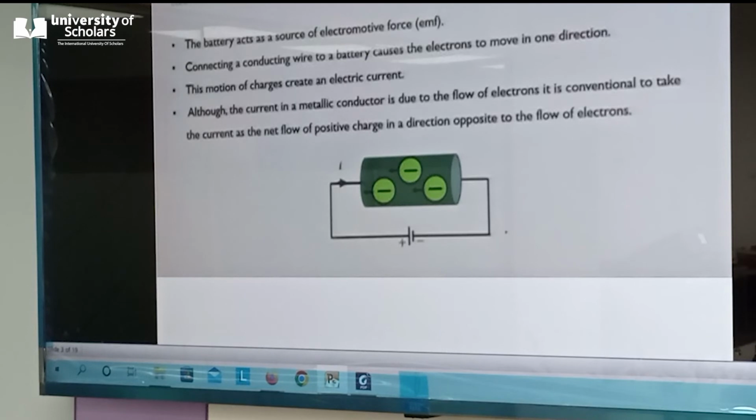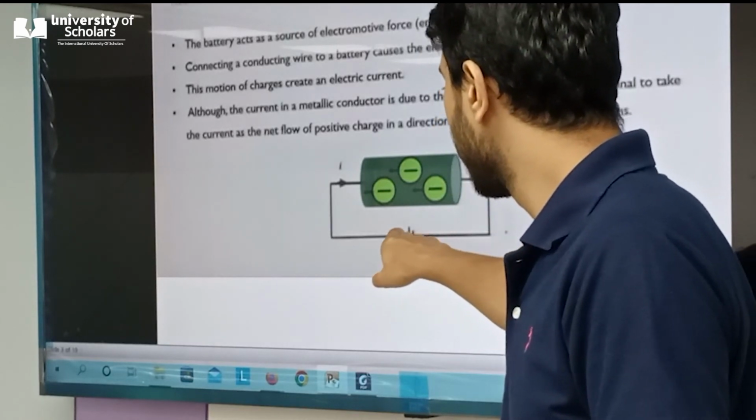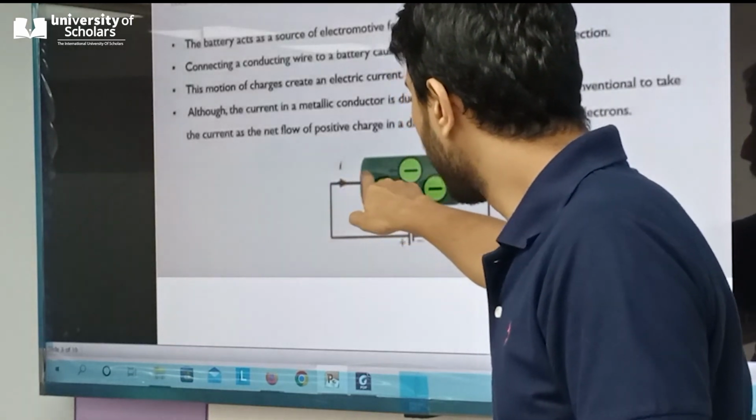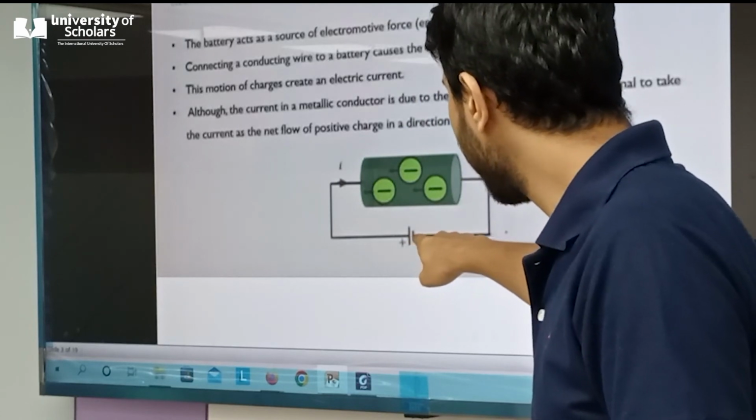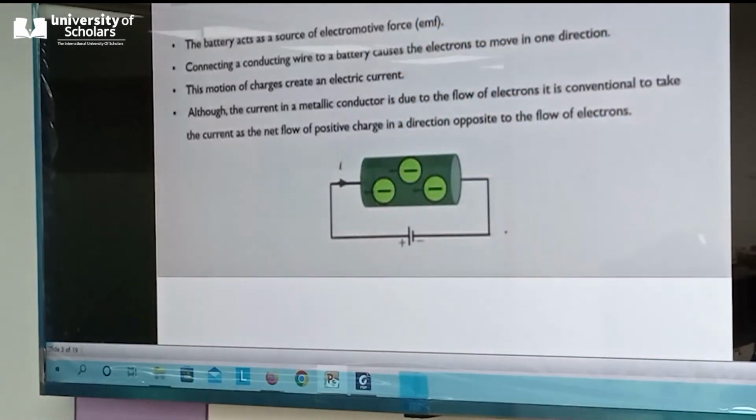This is the convention we follow when we define electric current. So there is a battery, and there is a polarity of the battery. This is the positive side and this is the negative side. The current will flow in this direction, but the electrons will flow in the opposite direction, just as I explained a few minutes ago.